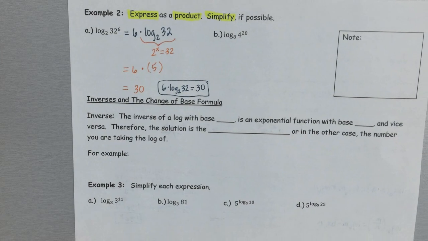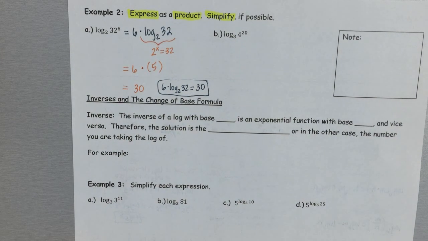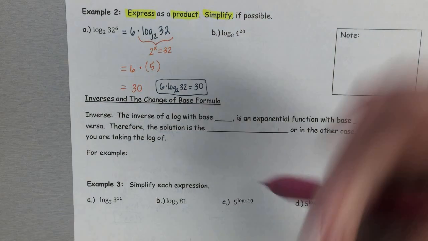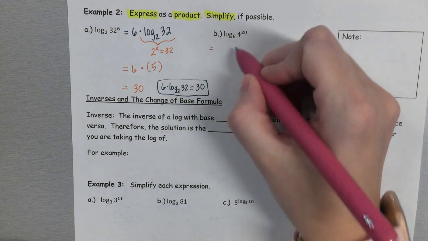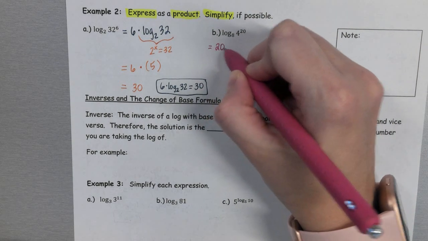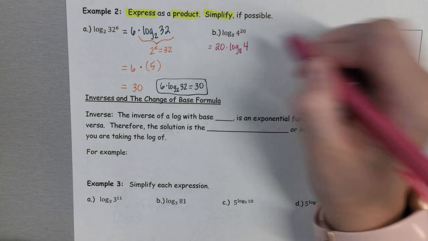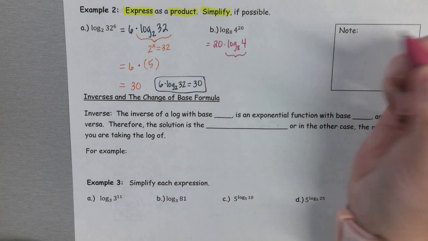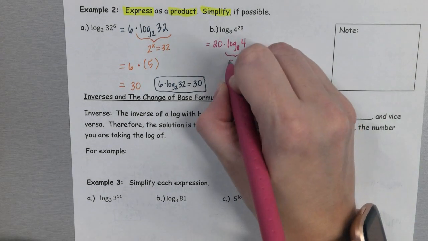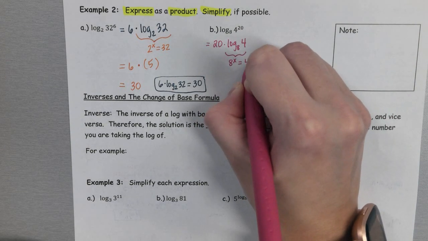Okay, so can you guys write the first step for B? Okay, so your exponent's going to come in front, so 20 times log base 8 of 4. Now when you are simplifying this, again, you're thinking, okay, 8 to what power is 4?